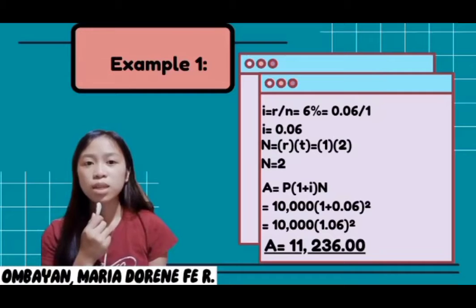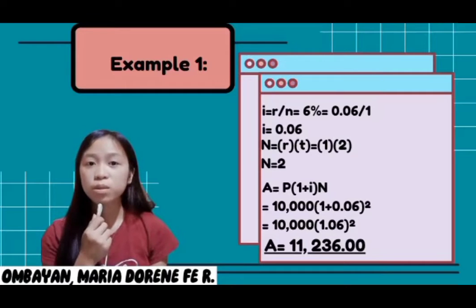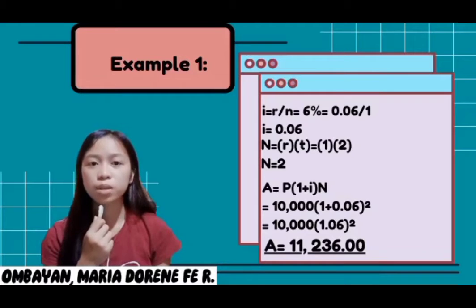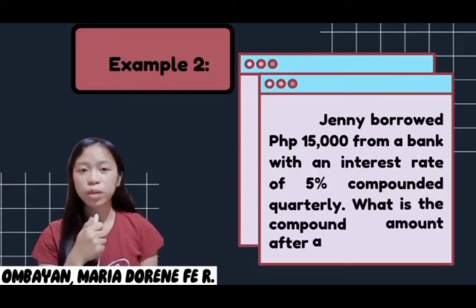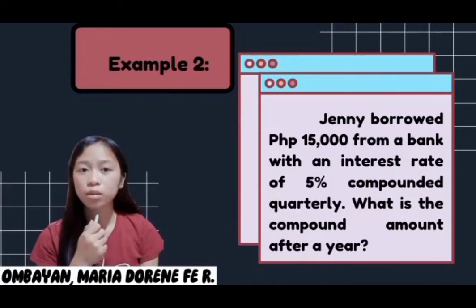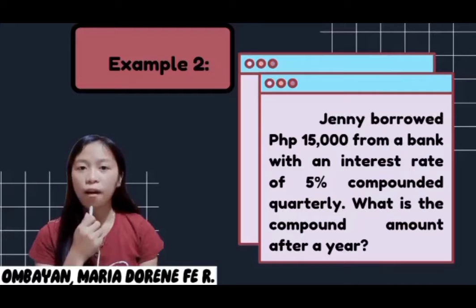And using the formula, substitute all the values and we have the result of 11,236 pesos. Therefore, the compound amount after 2 years is 11,236 pesos.